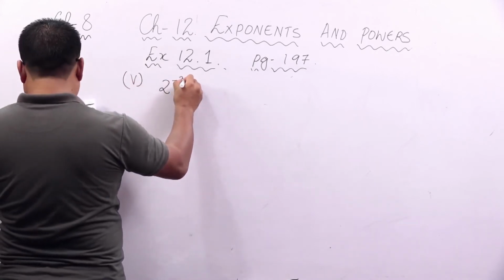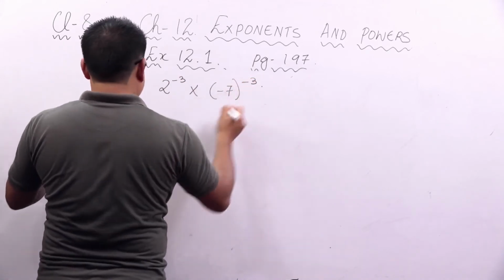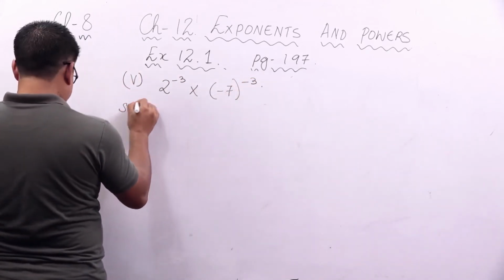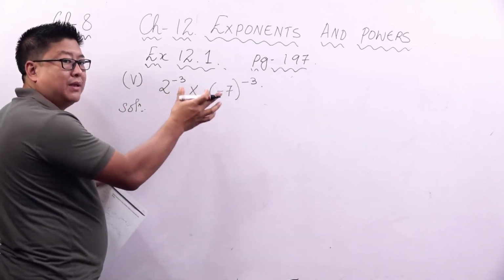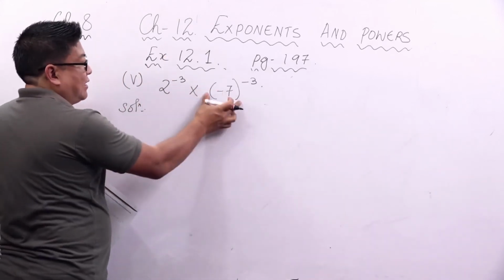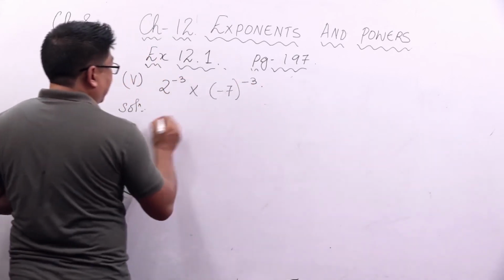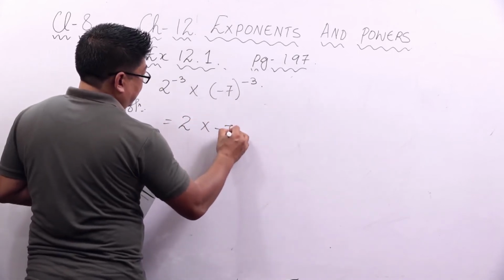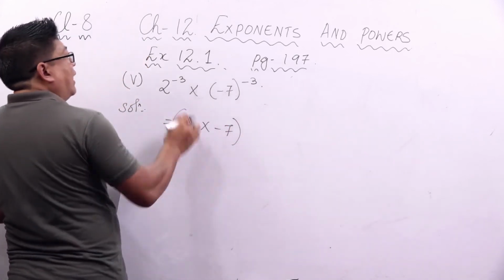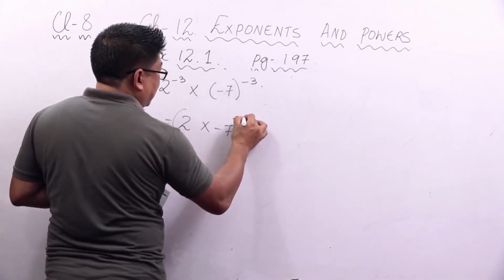2 to the power minus 3 into minus 7 to the power minus 3. All right? So your solution will be, if you look at this, you will see that the base is different, but the power is same. So here I will take the two bases together and multiply, and take the exponent as common.